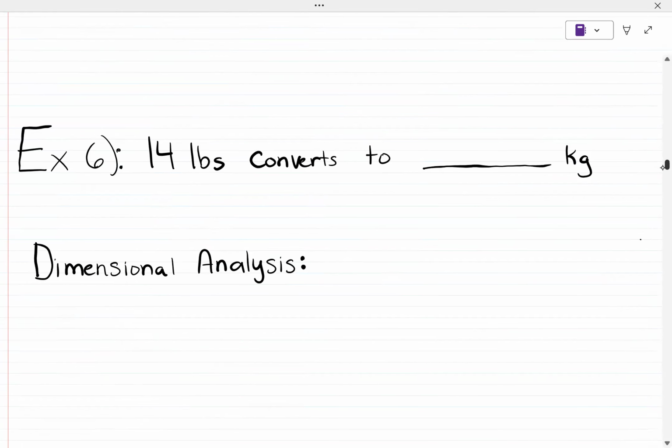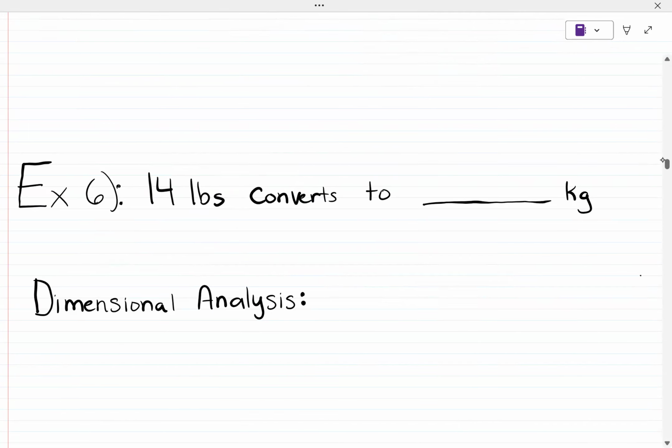Okay, let's move on to example 6. We got to convert 14 pounds to kilograms. And the direction, I can't believe I didn't read this, but the direction says round to the nearest hundreds.